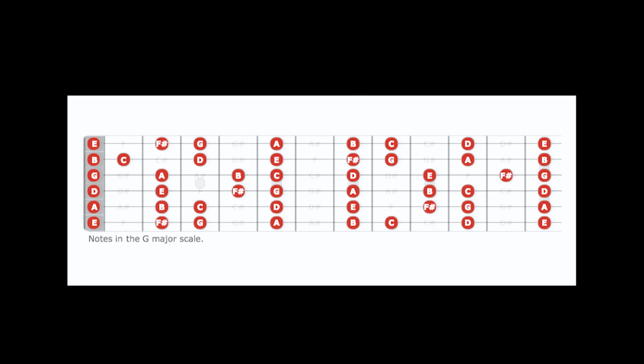If I show you the scale, it starts from the third fret on the sixth string. I will go 3 5 7 on the sixth string. Then on the next string also 3 5 7, then 4 5 7, then again 4 5 7, then 5 7 8, 5 7 8.